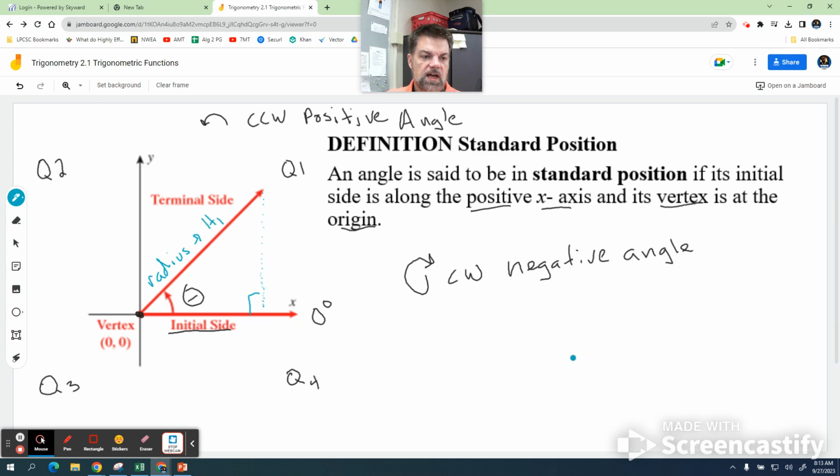This point right here has an x comma y value. The distance from here to here is the y value, which is the opposite. The distance from here to here is technically the x value. That is the adjacent. That's how trig falls into this whole thing. All right? So at some point in time, we're going to use our friend SOHCAHTOA.